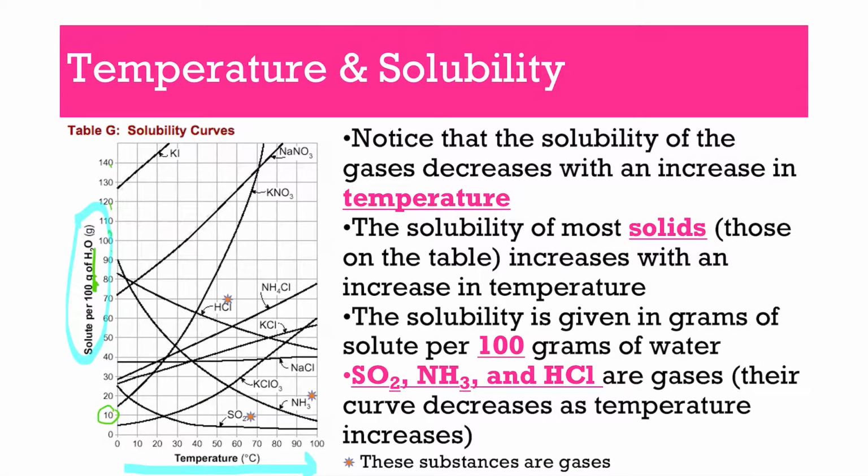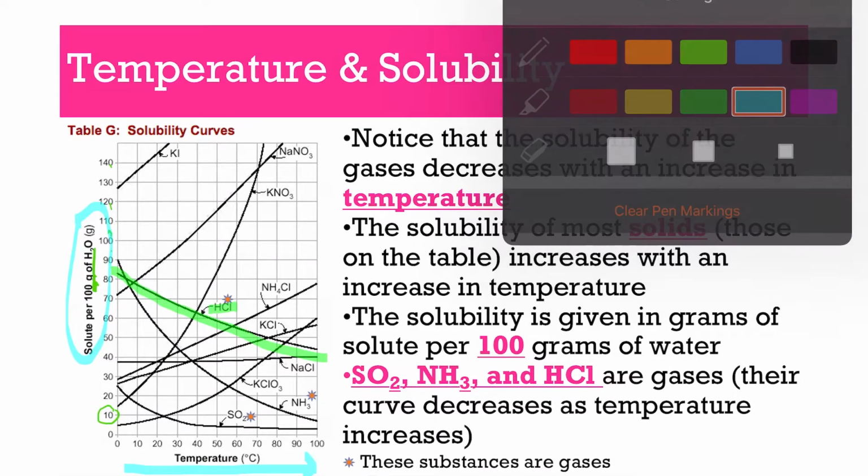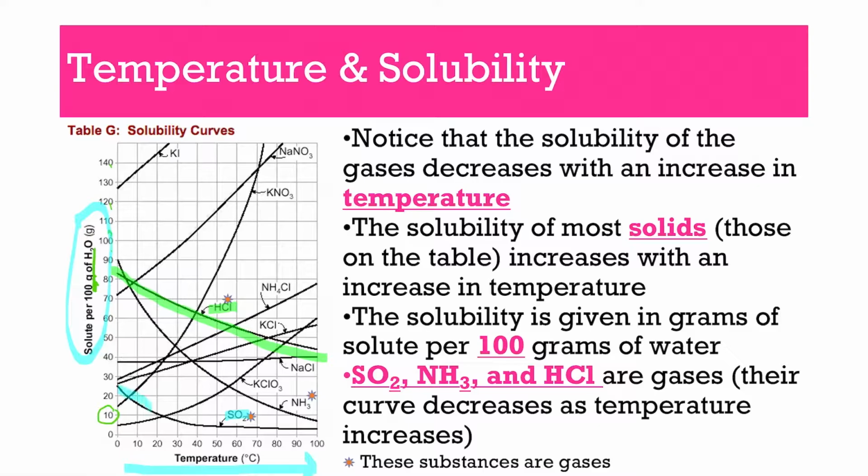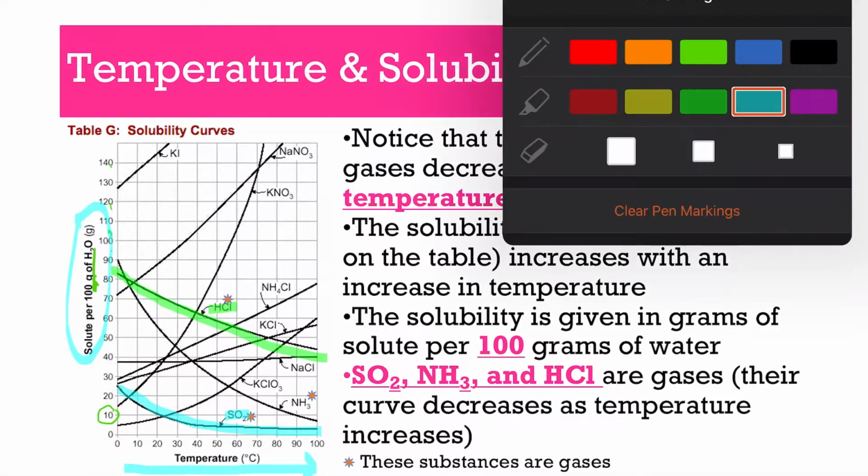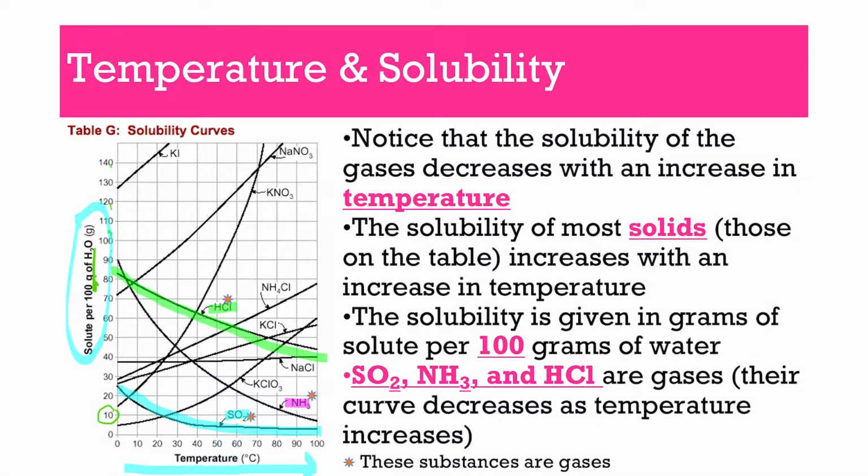You'll also notice that most of these curves have this upward trend to them, but we have this one, which is HCl, which goes down. We have SO2, which goes down, and we have NH3, which goes down. So those three are gases.